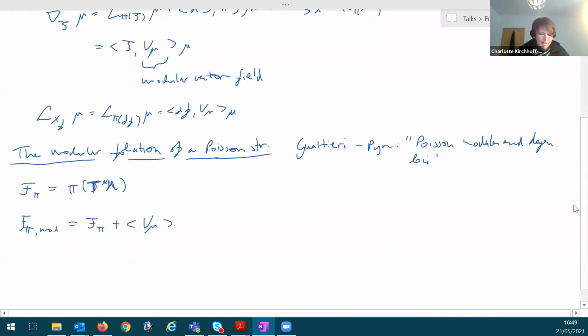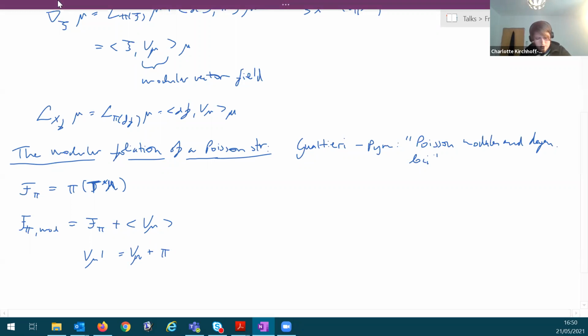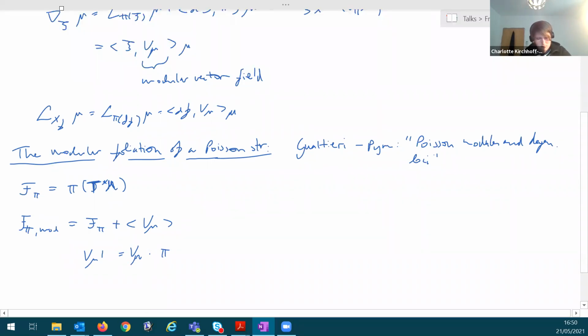And this is well defined because when I change the local non-vanishing top form that I'm using to define the modular vector field, then as we just saw, the modular vector field will just change by a Hamiltonian vector field, which is of course already contained in the first component, the foliation of pi.